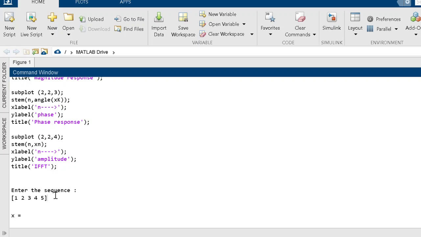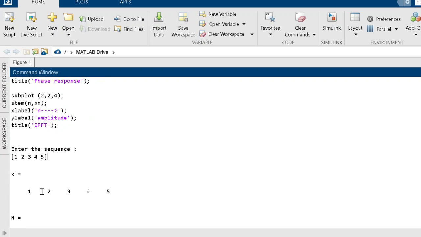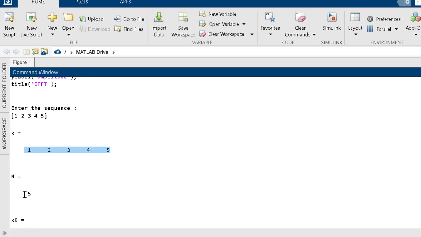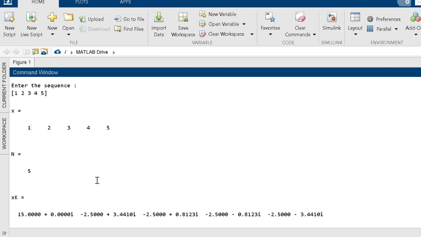Say for the given sequence, say it's 1, 2, 3, 4, and 5. The X would obviously be the sequence, which is the inputted one. The N would be the length, which is 5, because it has 5 points, which is the 1, 2, 3, 4, and 5.